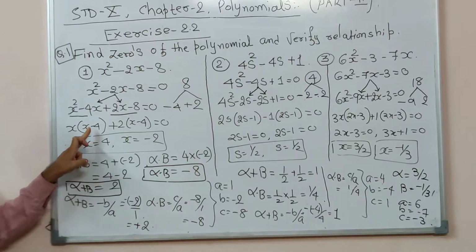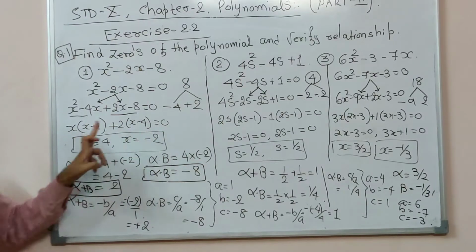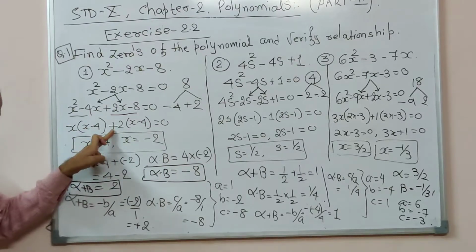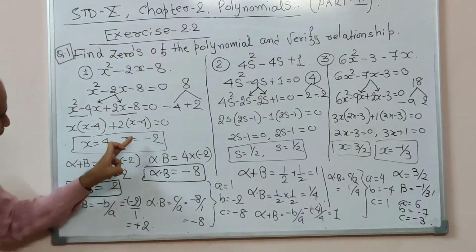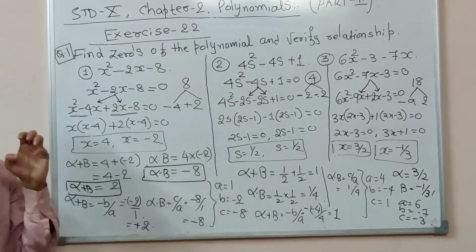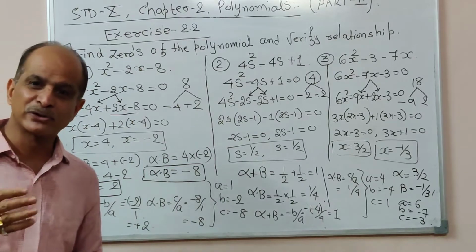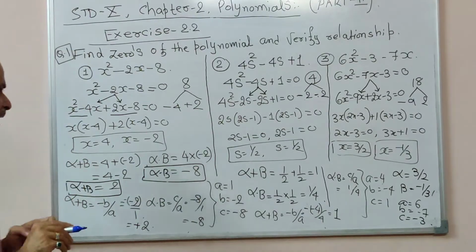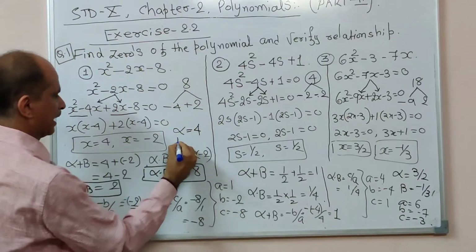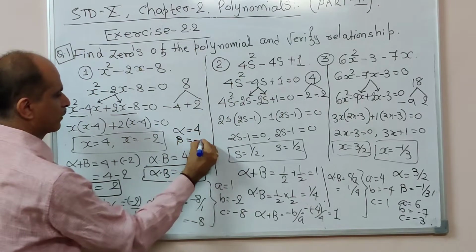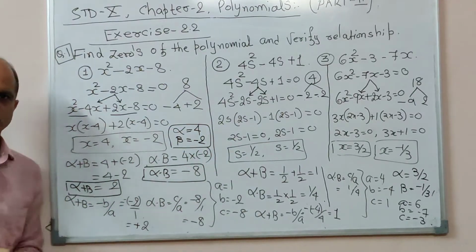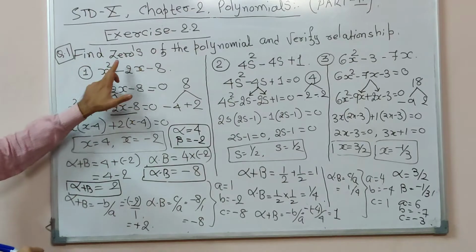So x minus 4 is equal to 0, therefore x is equal to 4. And x plus 2 is equal to 0, therefore x is equal to minus 2. So 4 and minus 2 are zeros of this polynomial, and these zeros are denoted by alpha and beta. Therefore alpha is equal to 4 and beta is equal to minus 2. So we have completed the first part.